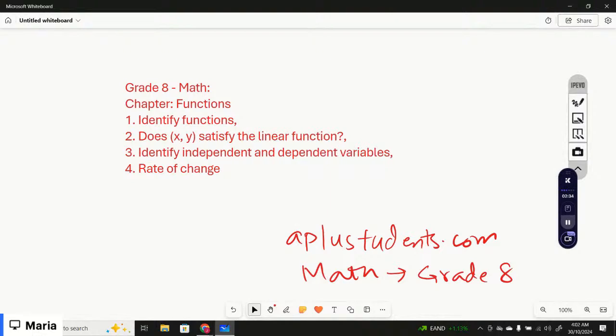We're going to start with the chapter functions. The lessons we're going to cover today are identify functions, does xy satisfy the linear function, identify independent and dependent variables, and rate of change.